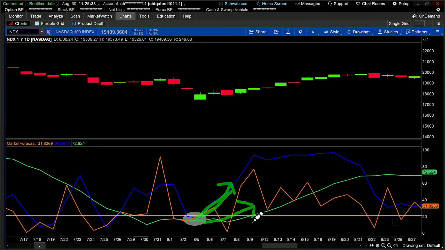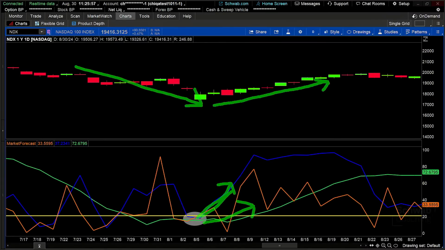Cluster followed by a reversal can be an indication of price movement in the opposite direction of the prevailing trend. So prevailing trend was down into the cluster, an indication of upward movement here out of the cluster.